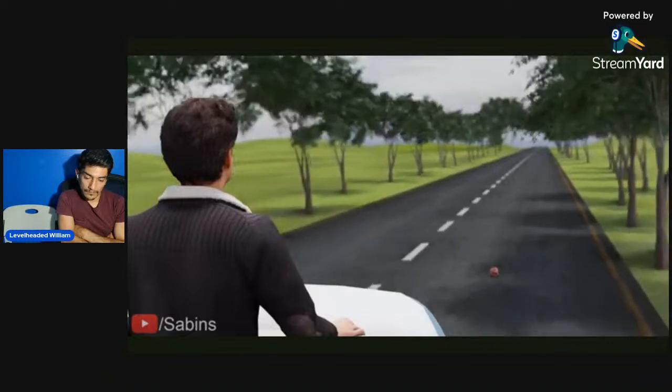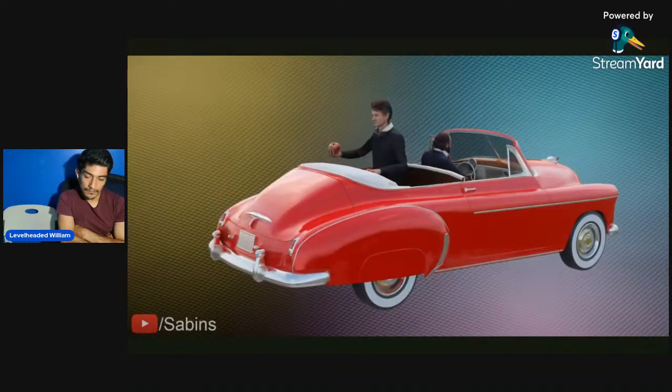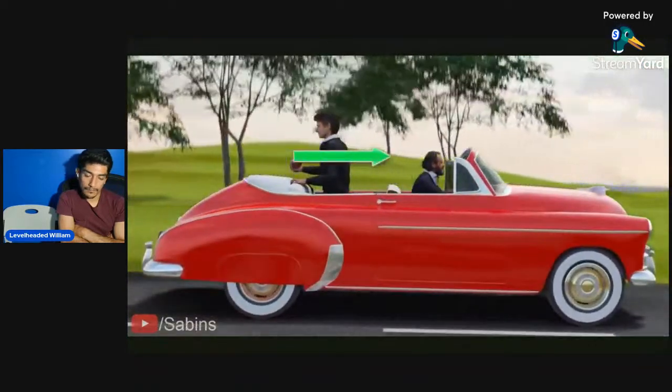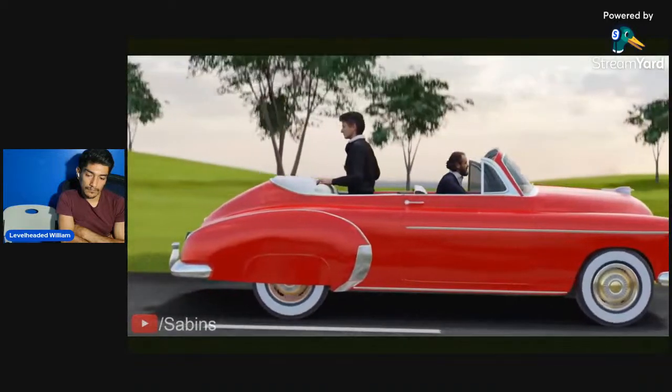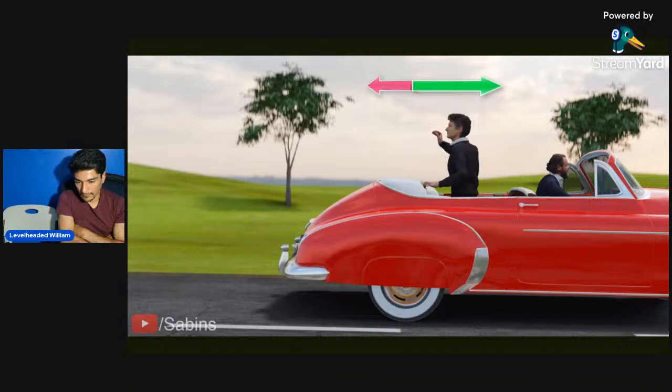Let's get into it. When you hold the apple inside the car, it feels like the apple is at rest. However, relative to the road, the apple is moving at the same speed as the car. When you throw the apple from the car, you are in fact giving it a velocity opposite to its initial velocity. This opposite velocity reduces the apple's net velocity.